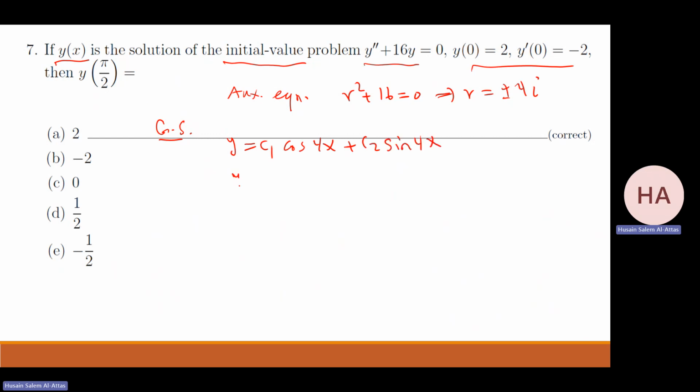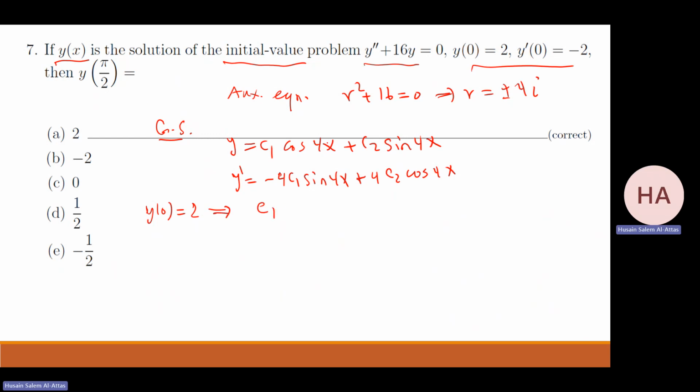Now for the conditions, I need to find y prime first. So that will be minus 4c1 sine 4x plus 4c2 cosine 4x. Now I need the conditions. y at 0 will be 2. That implies to substitute 0 there.